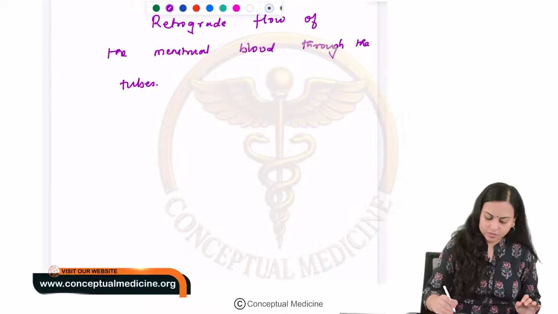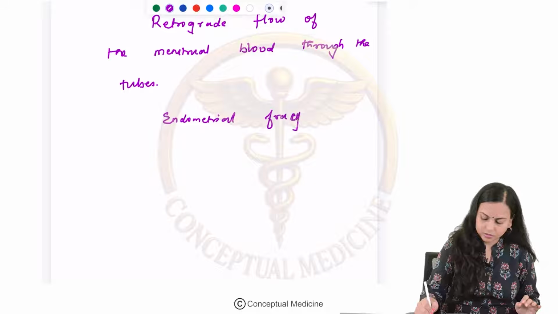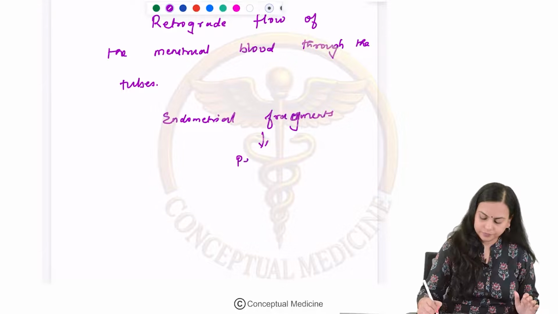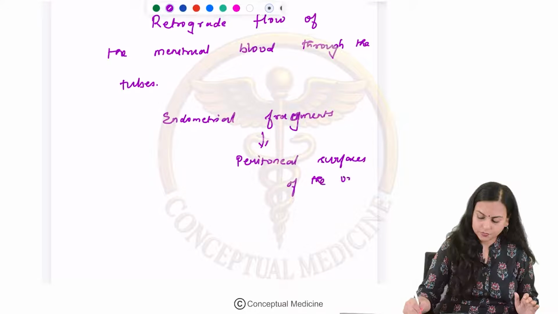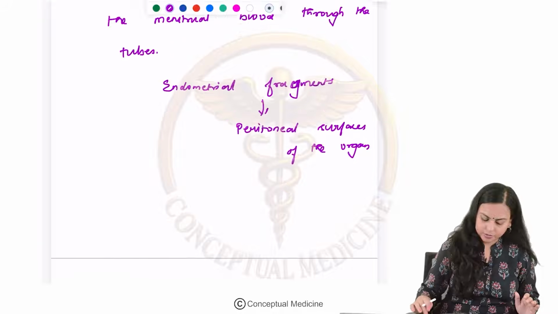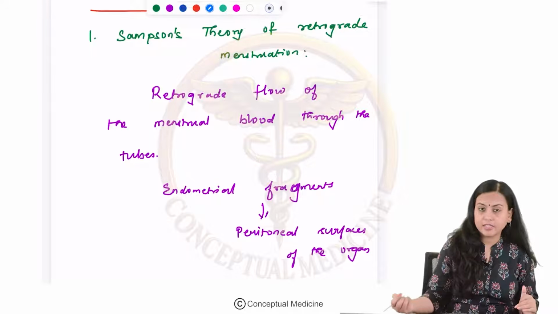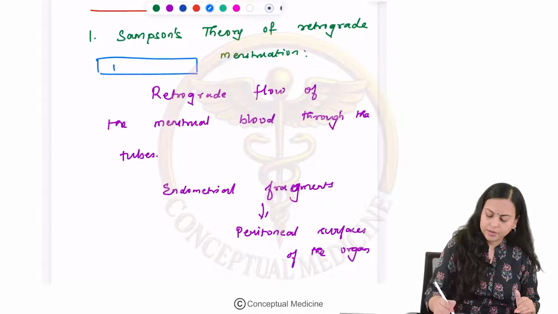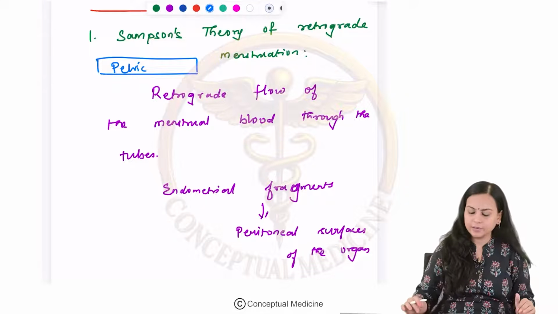Okay. So, the endometrial fragments will get implanted on the peritoneal surfaces of the organs also. And this is one important concept which will give you an idea about how pelvic endometriosis is going to happen. Clear?